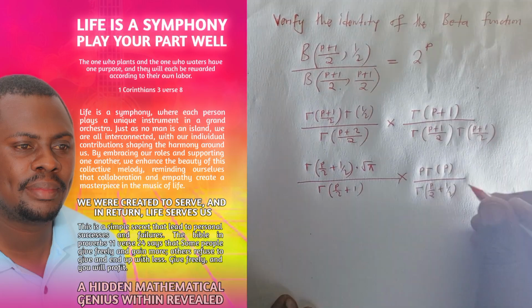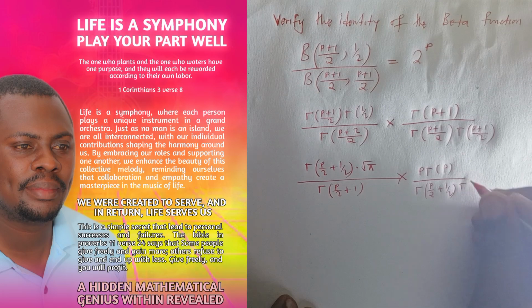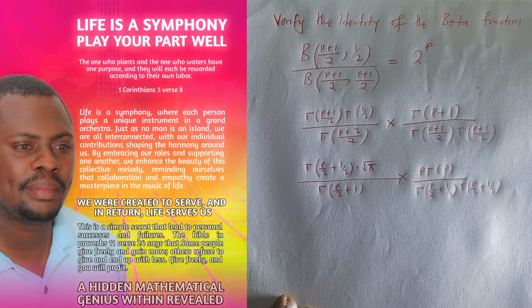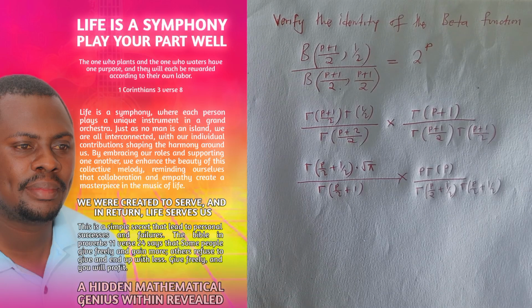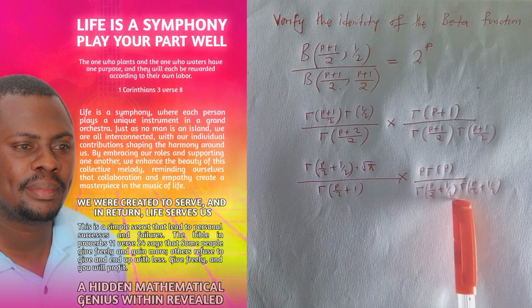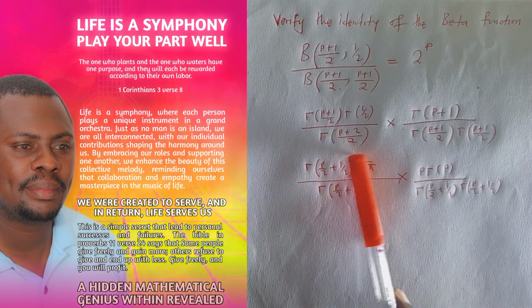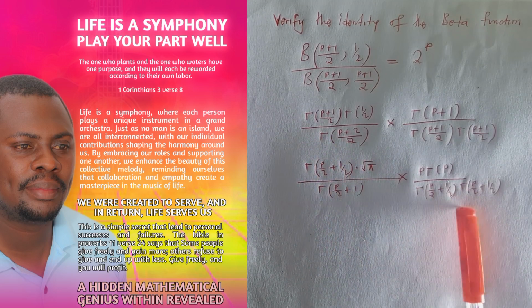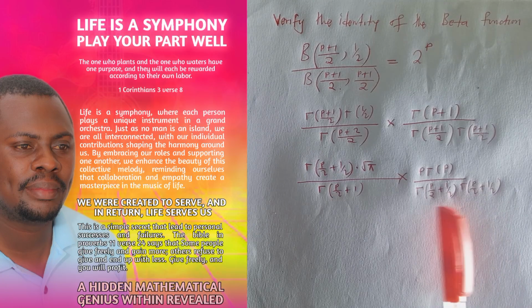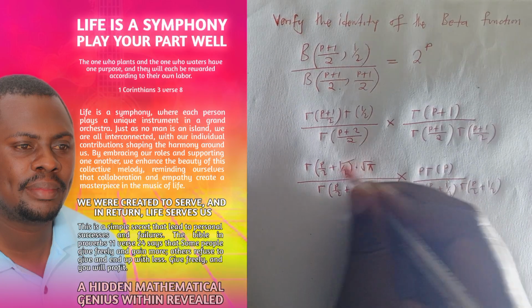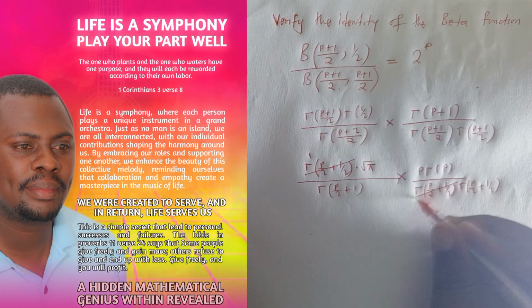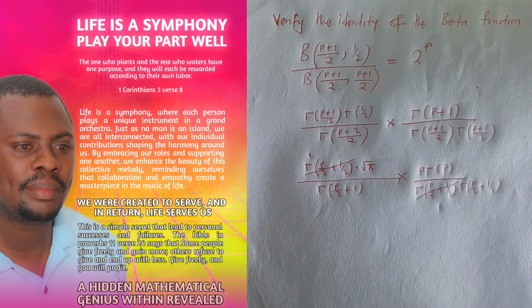The same thing here, we have gamma of p over 2 plus 1 over 2. Now, if you look at what we have here and here, we have gamma of p over 2 plus 1 over 2, and on the denominator here, we have gamma of p over 2 plus 1 over 2. So here it's 1 and there it's 1. So these two are cancelled out.